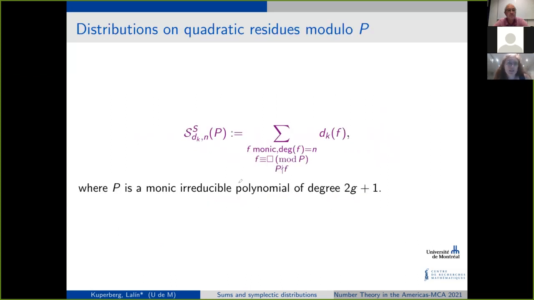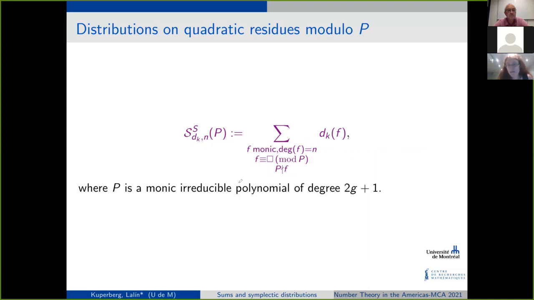The first problem we consider is obviously not exactly the same, but it is kind of similar. It takes the sum of d_k(f) over monic polynomials of degree n that are a quadratic residue modulo P, where P is a monic irreducible polynomial of fixed degree.